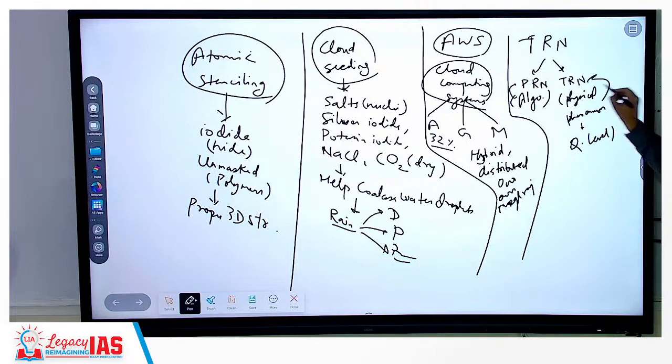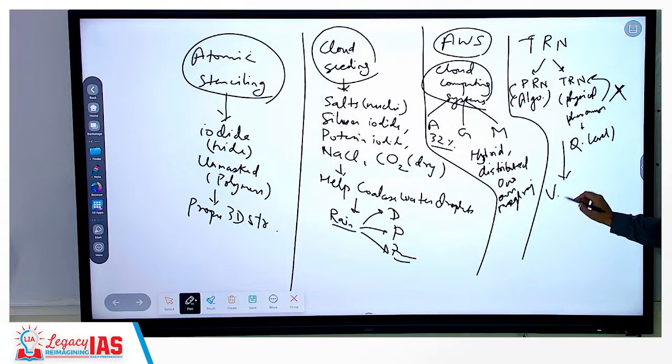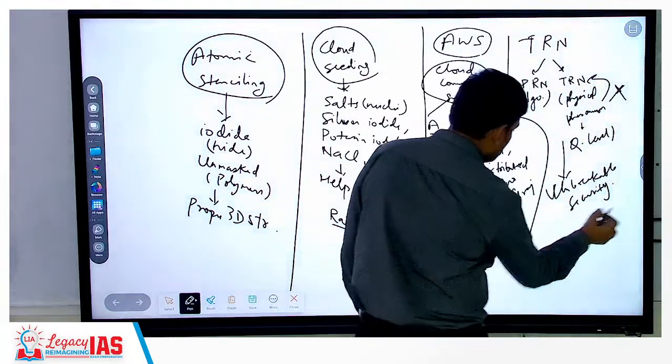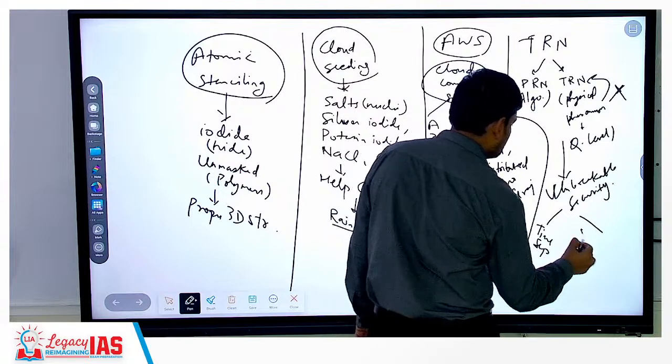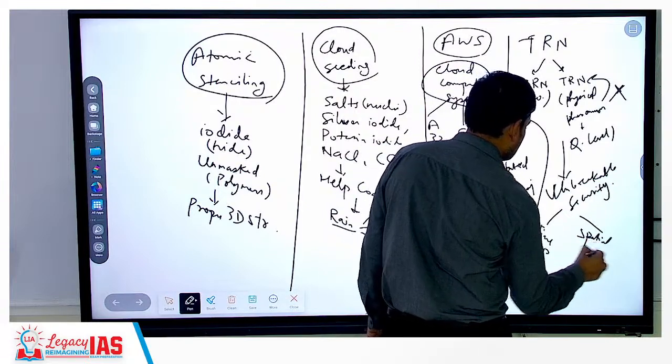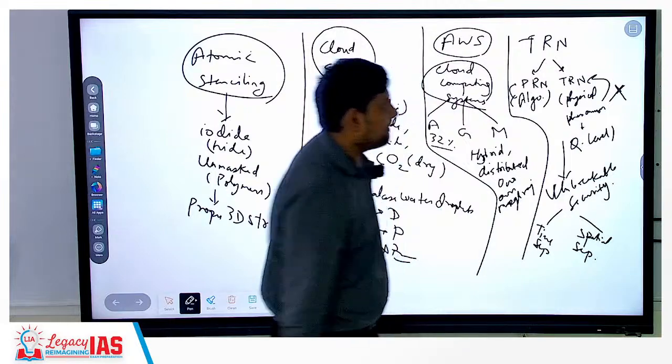So this cannot be backtracked, because anyway we also don't understand the systems, so we cannot backtrack it. This will lead to unbreakable security. Okay, and this can be generated using two systems. One is time separation and one is spatial separation. That's it.